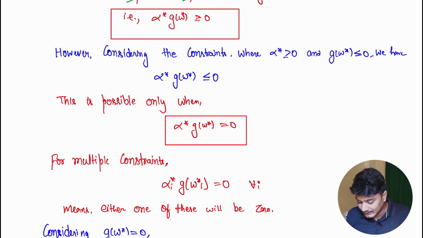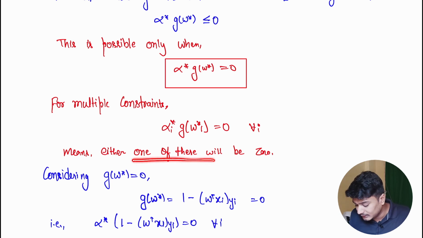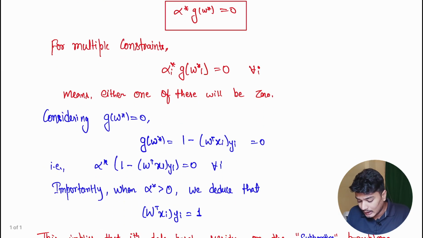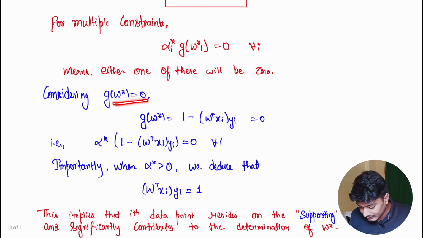And writing it for multiple constraints, we can write it as this, alpha i star. Basically, we are including all those i given. So we have this. What does it mean? It means either one of these will be 0. Either alpha star will be 0 or this will be 0 because the product is 0. So let's consider that g of w star i is equal to 0, that is the constraint is 0.